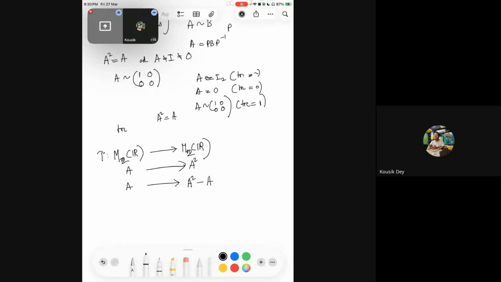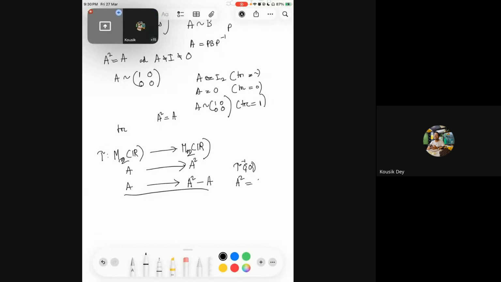So can you tell me what T inverse of zero is under this map, where zero is the zero matrix? It is the matrices which satisfy A squared minus A equal to 0.